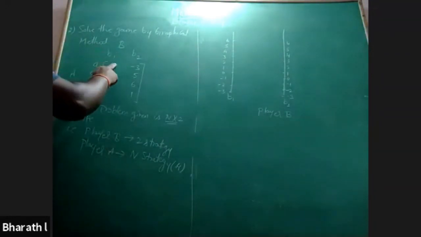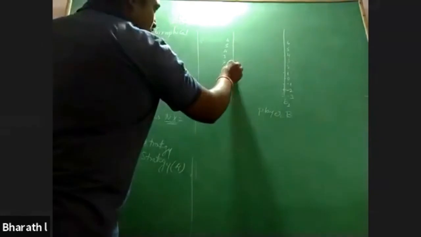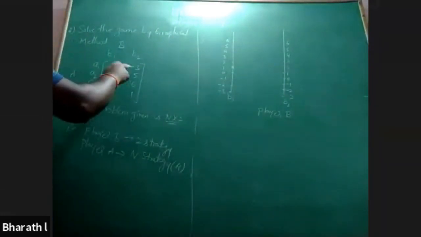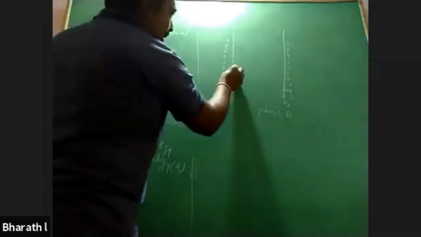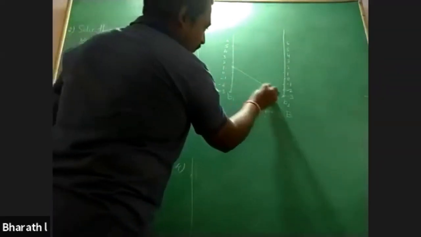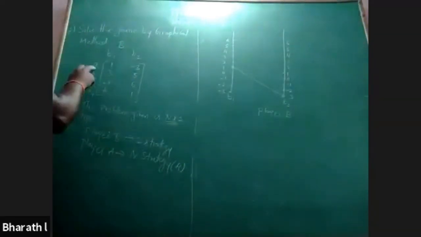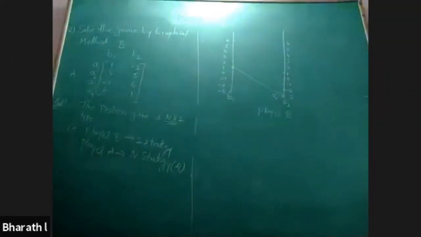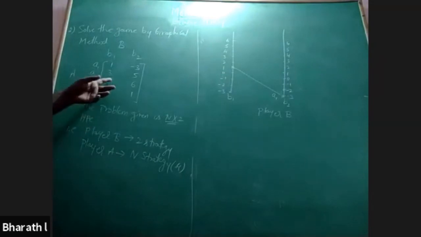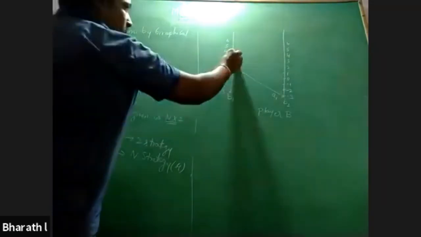Then we will indicate 1, minus 3. For B1, it is 1, and for B2, it is minus 3. You need to join these two points, and the respective strategy is A1. Here you have to write A1. Similarly, next 3, 5. 3 is here, 5 is here.